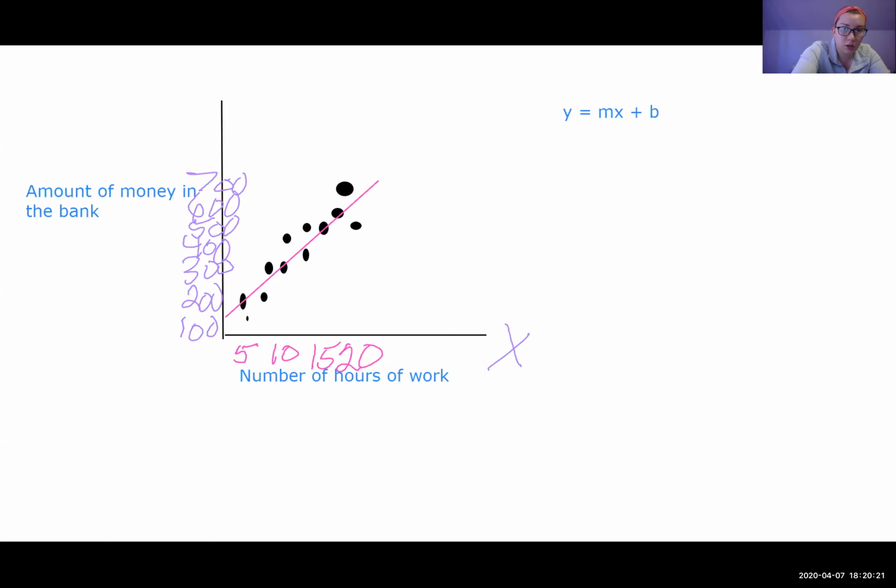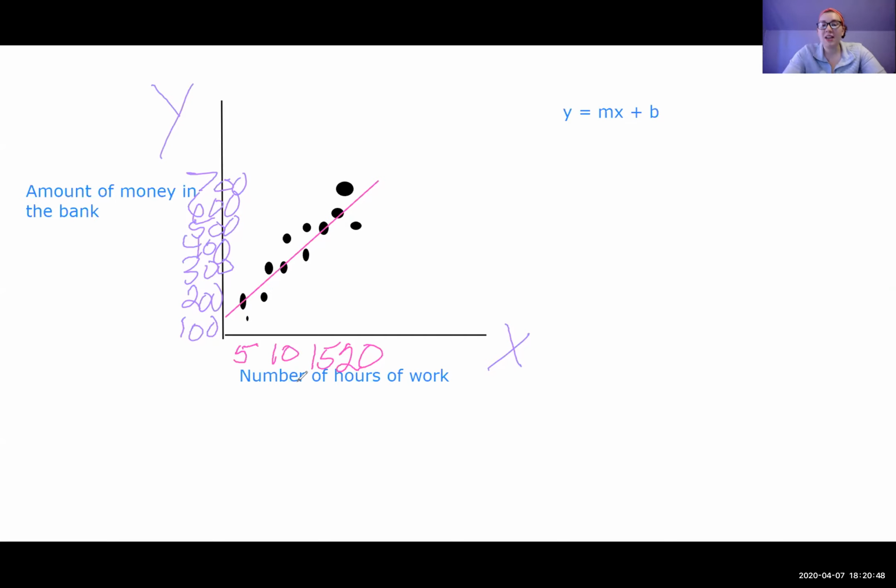So it's your y, y'all. So your dependent is the amount of money in the bank. So before we even talk about it, we could say the amount of hours you work determines the amount of money you have in the bank. There's a strong correlation, a strong relationship between those two things. If you're working, you make money.